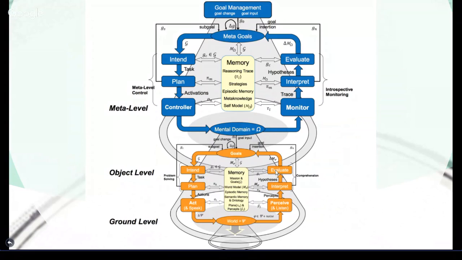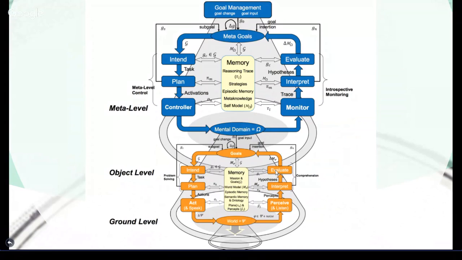The intent phase is where the goal selection operation happens. We'll talk about the goal operations in the next few slides, but just to make sure, the intent phase gets all the goals from the goal graph, selects some goals based on some criteria, and inserts those selected goals into a stack called the current goal stack. Then the plan phase gets that current goal stack and checks to see if a plan already exists for that current goal. If not, it generates a plan and inserts it into the goal graph.